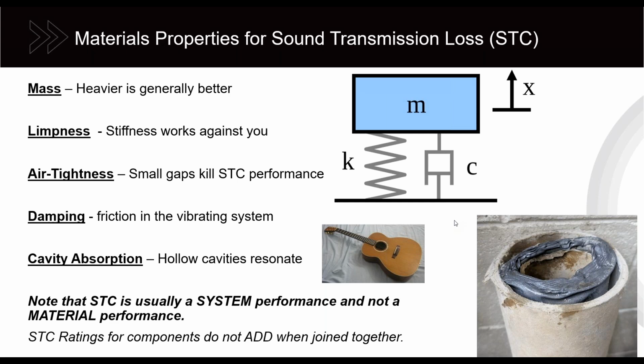So imagine if you stuffed the body of that acoustic guitar with fiberglass or mineral fiber insulation, then played it, it would be totally dead. You'd probably barely hear the strings, right? So that's basically what absorption does within a wall cavity. It reduces the resonance of that hollow cavity in the wall.